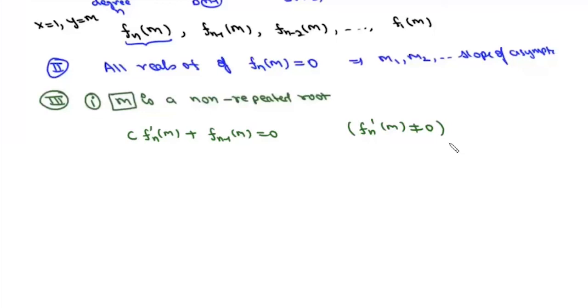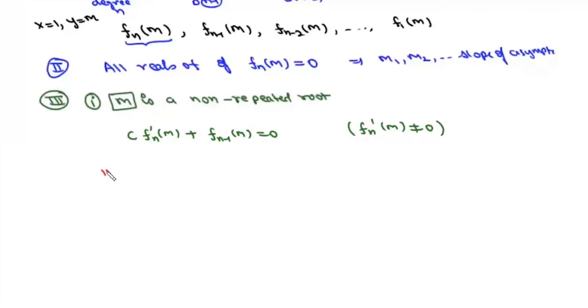So for all the non-repeated roots, the corresponding value of c is given by this equation, which is c into the derivative of f n plus f n minus 1 equals 0 for that particular value of m. And once we have m and c, we can write the equation of asymptote as y equals mx plus c.